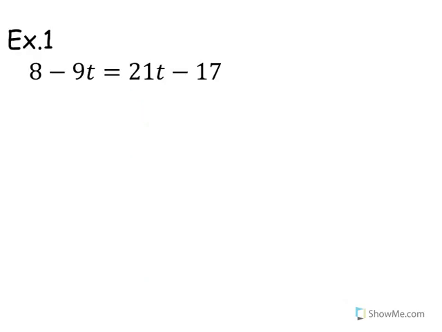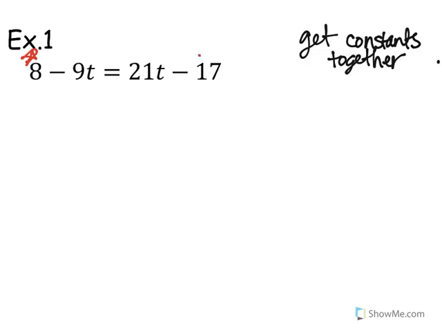So let's practice. Example 1. My first job in example 1 is to get the constants together. Which one is smaller? Is it the 8 that's smaller, or is it the negative 17 that's smaller? Negative 17 is the smaller, so I'm going to move over negative 17.